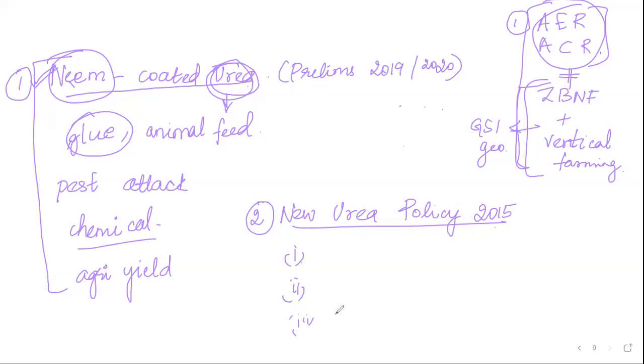Number three, to rationalize the subsidy burden on the government of India. Right now, what has been done? Urea has been given too much of subsidies, but what should be done? There should be a rationalization of subsidies.